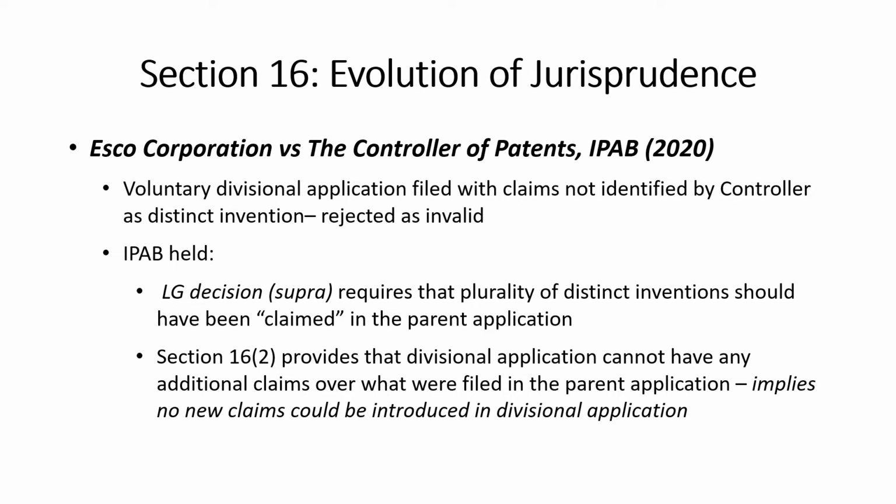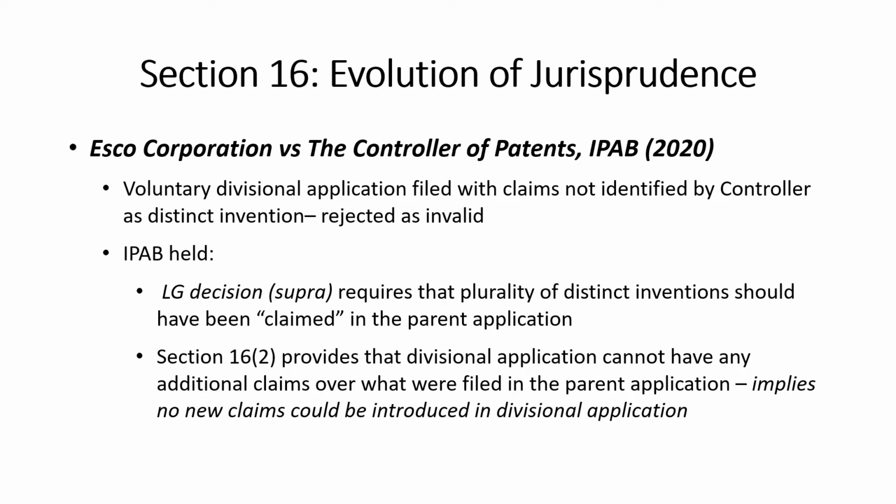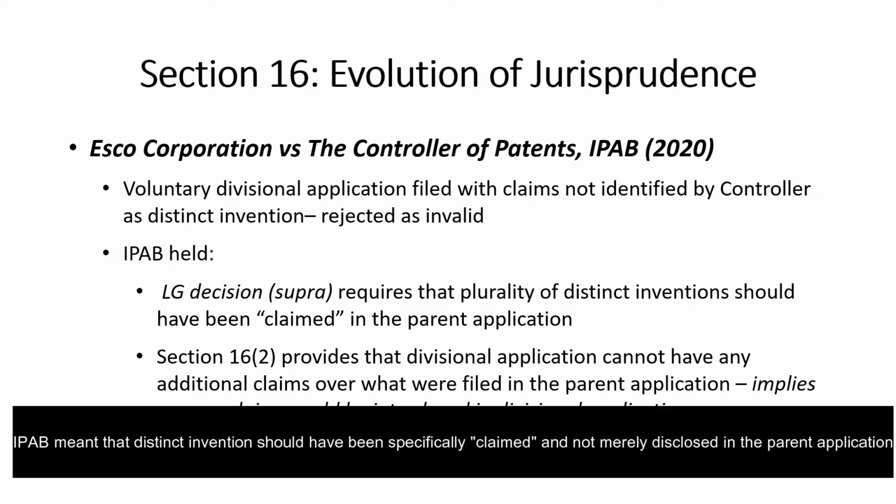Now, if you remember, the LG matter said that a divisional application could be filed for distinct inventions which are disclosed in the specification, but here the condition was different, as the controller had not identified those inventions as distinct inventions, and thus the divisional application filed with those purported distinct inventions was rejected as being invalid. Justifying its stand, the IPAB held that the LG decision requires that the plurality of distinct inventions should have been claimed in the parent application.